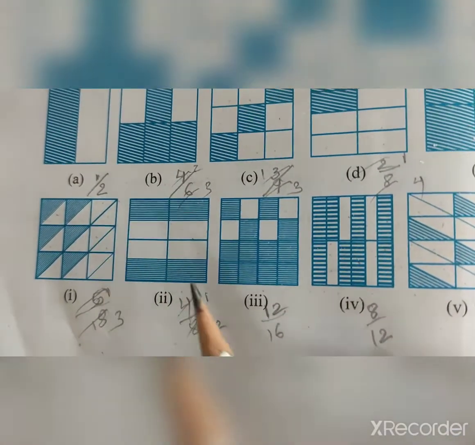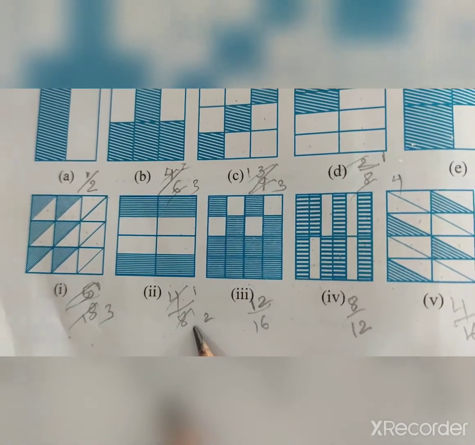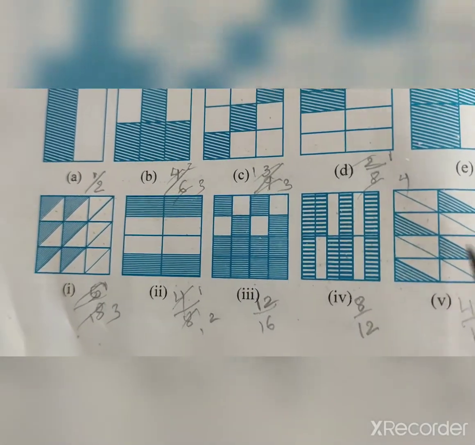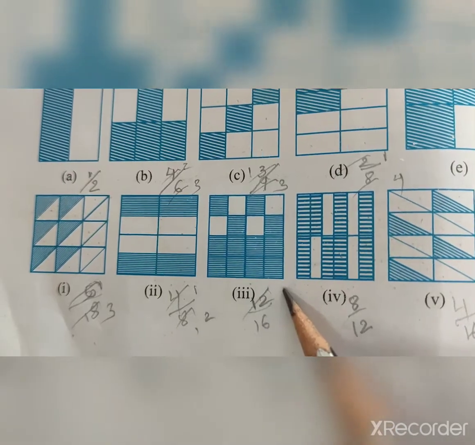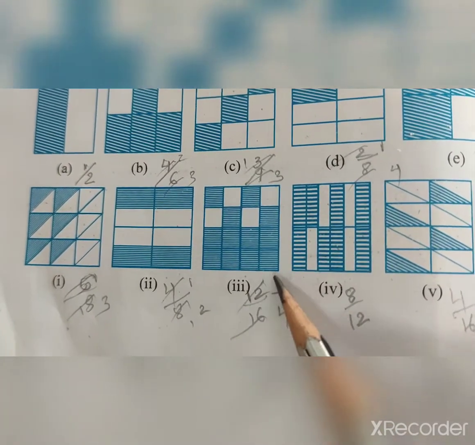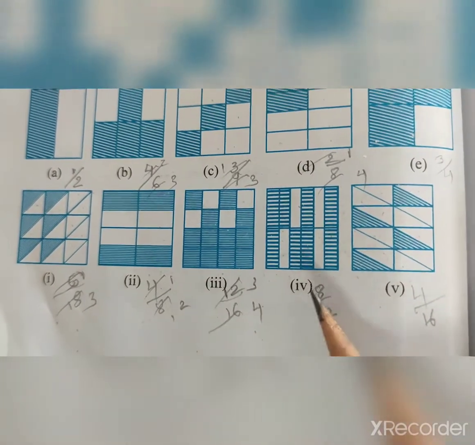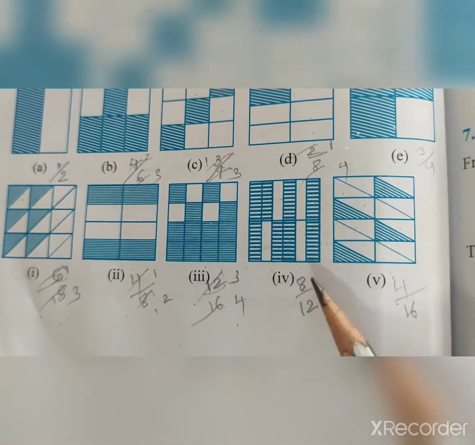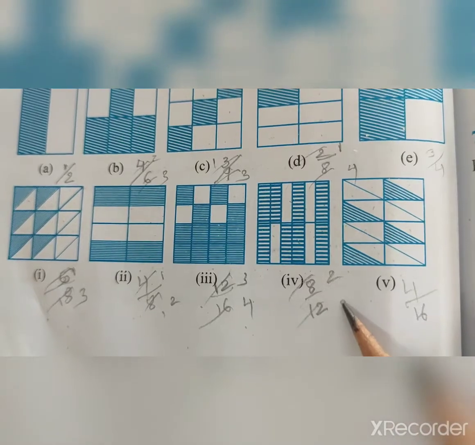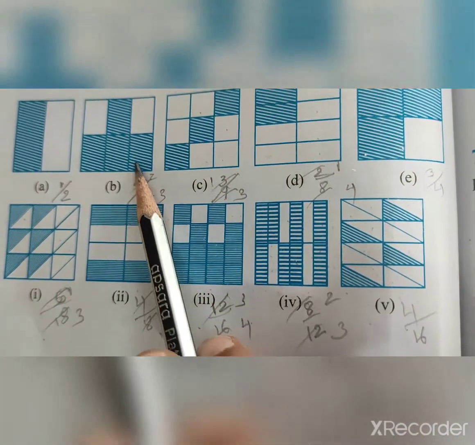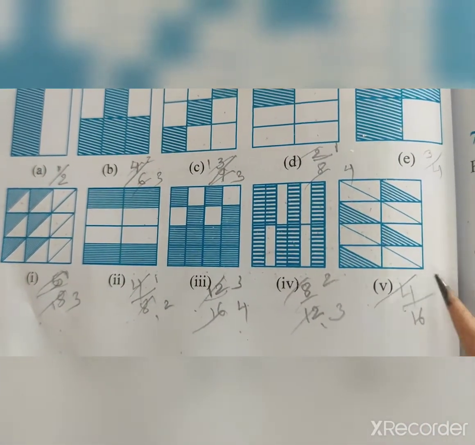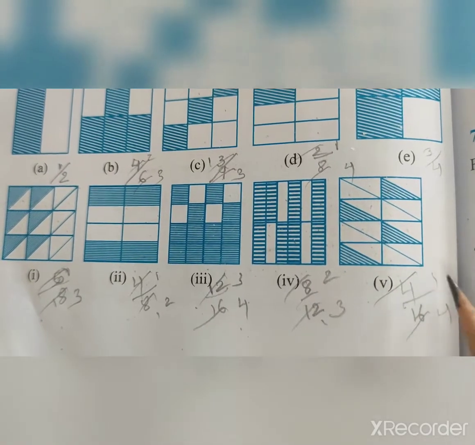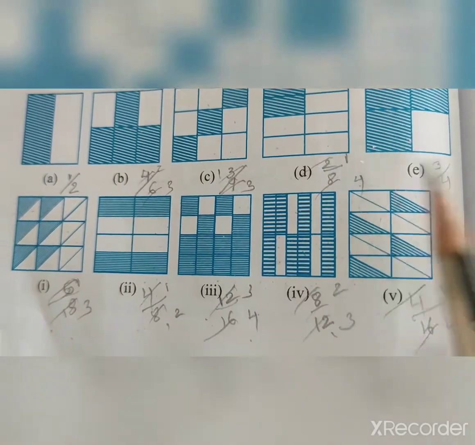Here A and second are equivalent fractions. Then 4 3s are 12, 4 4s are 16, 3 by 4. So E and third are both equivalent. Then 2 by 3, that means B and fourth. 4 1s are 4, 4 4s are 16, 1 by 4. So fifth is D. Clear?